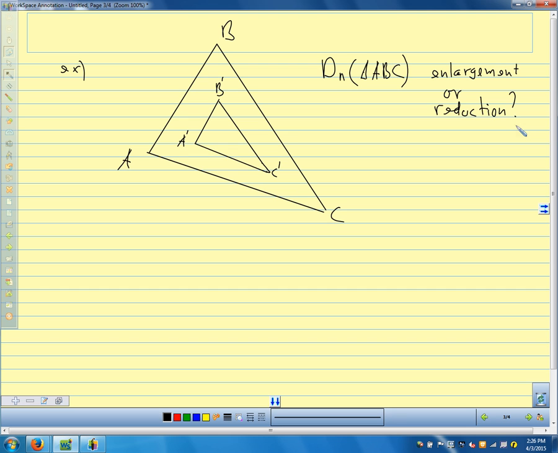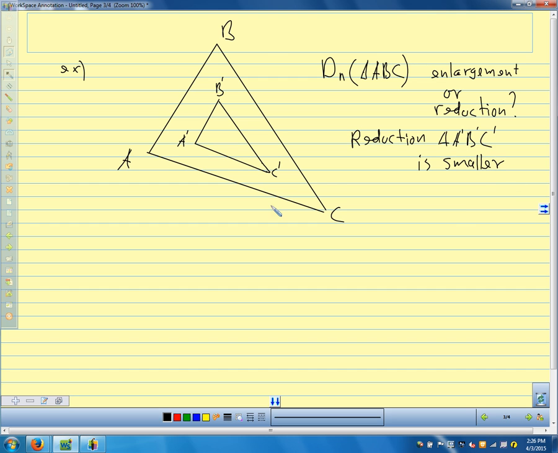So I'm dilating triangle ABC and I'm getting triangle A prime, B prime, C prime. Is that an enlargement or a reduction? Reduction. Why is it a reduction? Smaller, right? Reduction. I'm going to say triangle A prime, B prime, C prime is smaller.